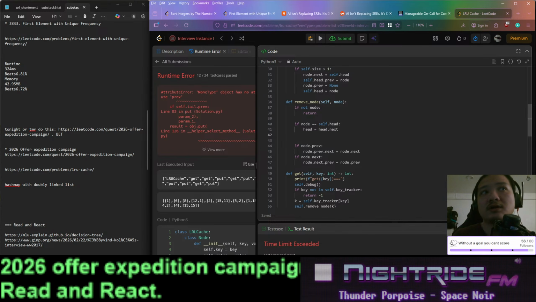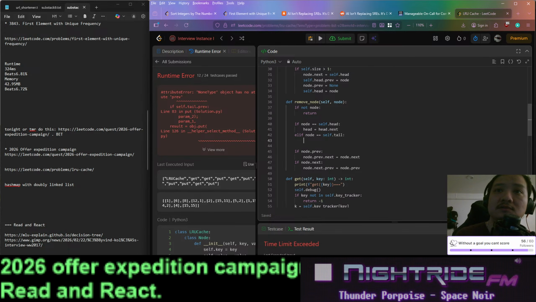Okay, so what happened in the case where both head and tail point to the same thing, right? Else, is node equal to self.tail, self.tail equal the one we're removing, self.previous.